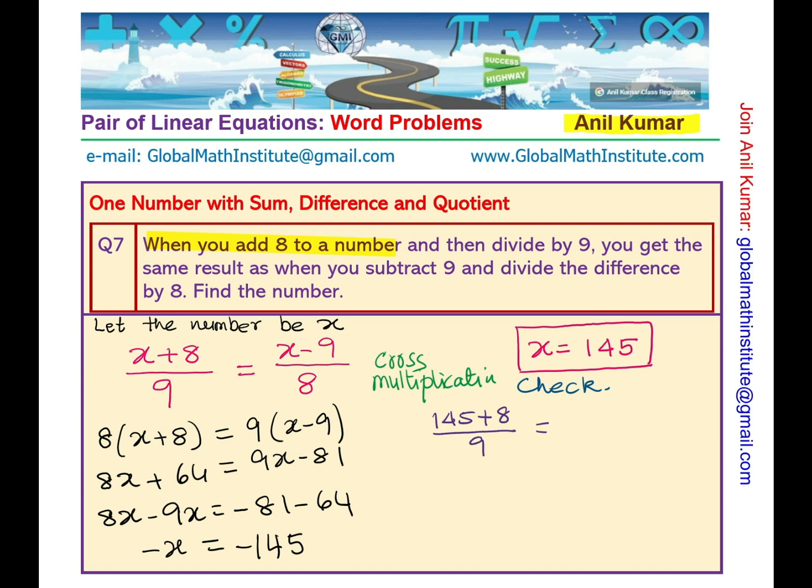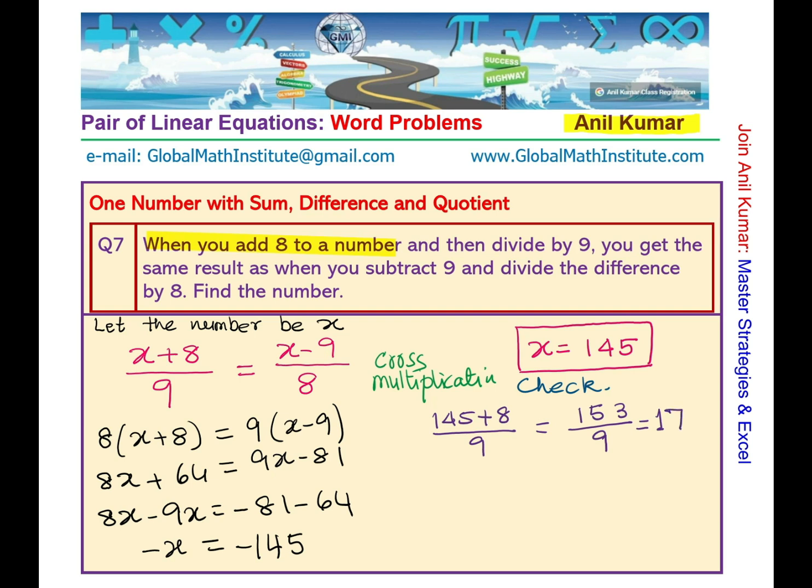What do I get? 153. 5 plus 1 is 6, 6 plus 3 is 9, so you can divide this number by 9. You get 17.